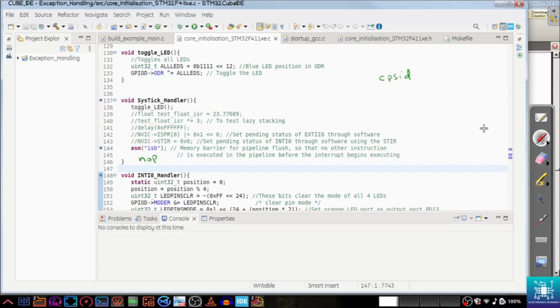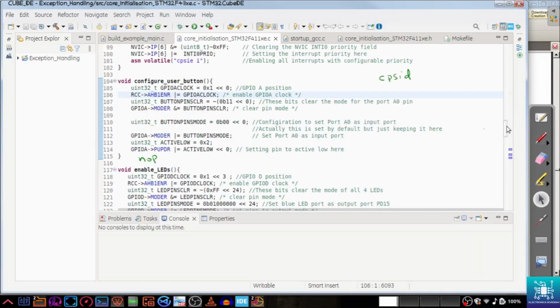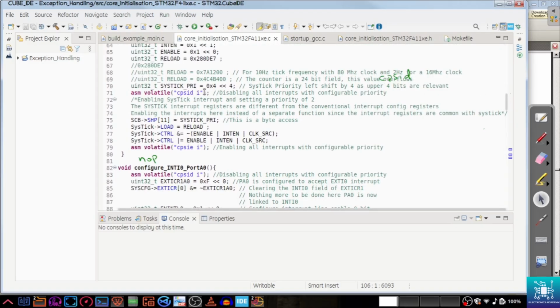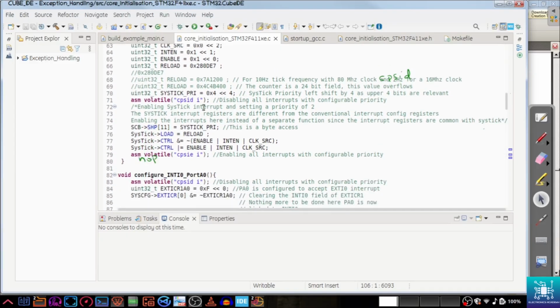For example, here when we did a CPSID, we disabled the interrupt for setting up the Systick, and then we did all the configuration and we enabled the interrupt here so that this setting was not disturbed.